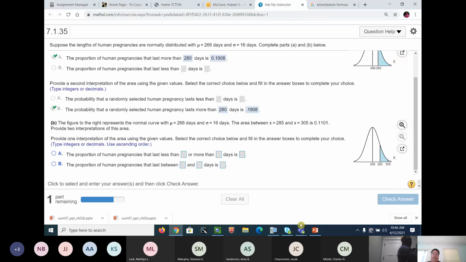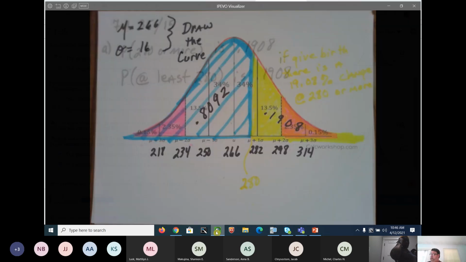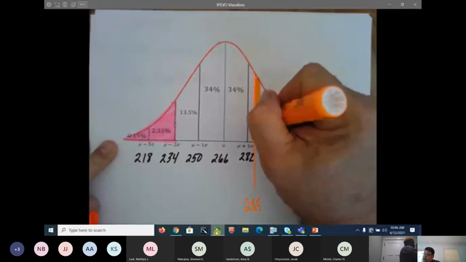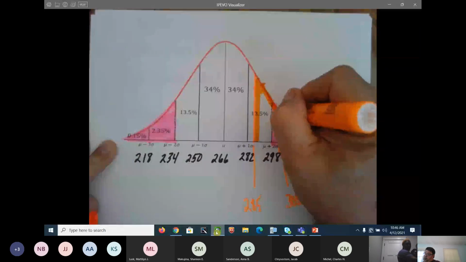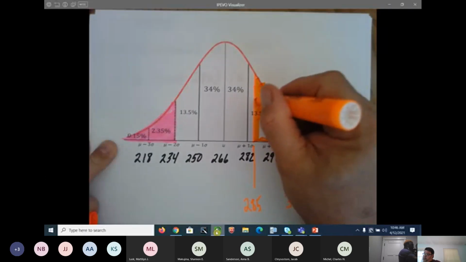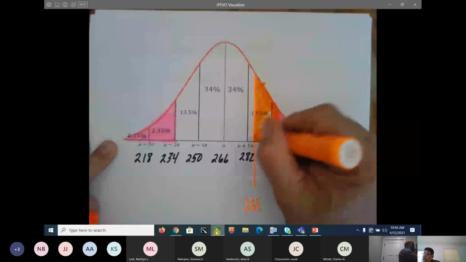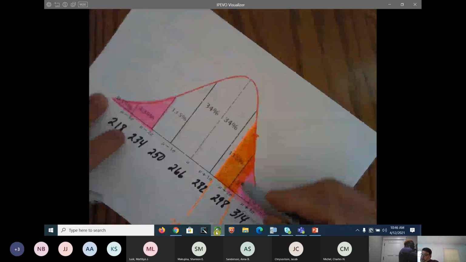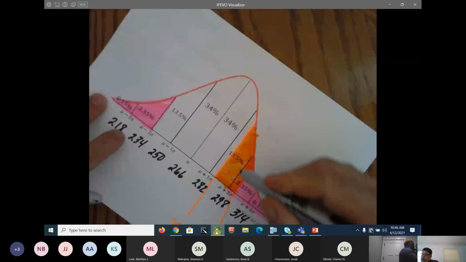And they say that the probability is 0.1101.